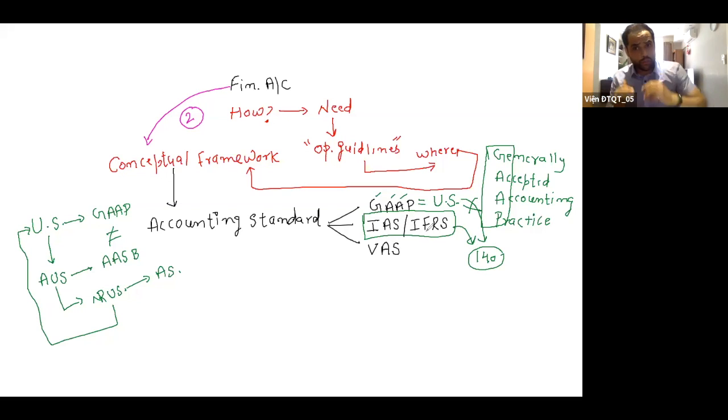But US GAAP, they made changes in their accounting standard as per IFRS. We call it harmonization. Means you're gonna make changes in your accounting standard, so your accounting standard principles are similar to IAS, right?